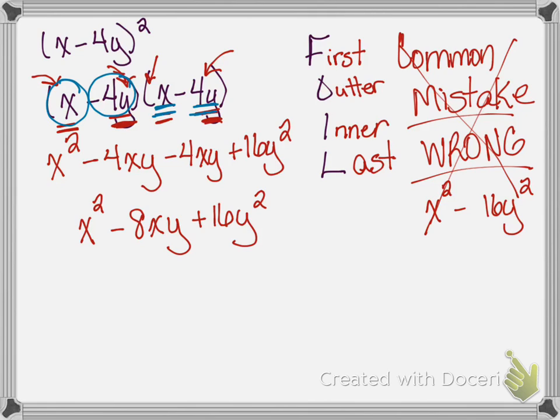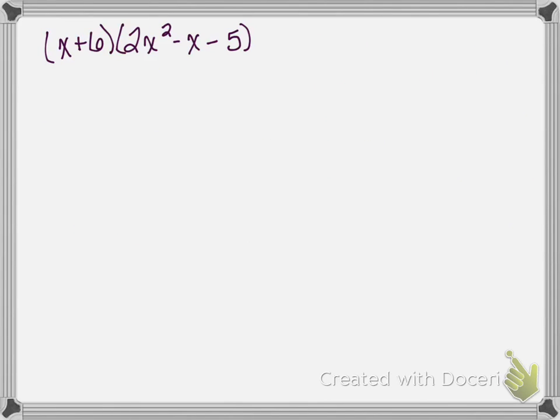Okay, now for the biggie. Okay? This is a binomial times a trinomial. A binomial times a trinomial. So the first thing that I've got to do is I've got to take this x and I've got to multiply it times everything inside that trinomial.